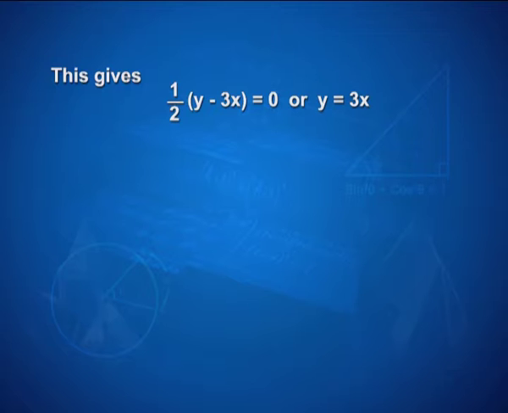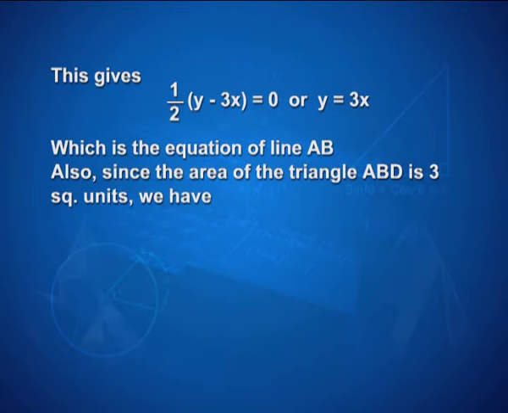Therefore, half of determinant 0, 0, 1, 1, 3, 1, x, y, 1 is equal to 0. This gives half of y minus 3x is equal to 0 or y is equal to 3x, which is the equation of line AB.